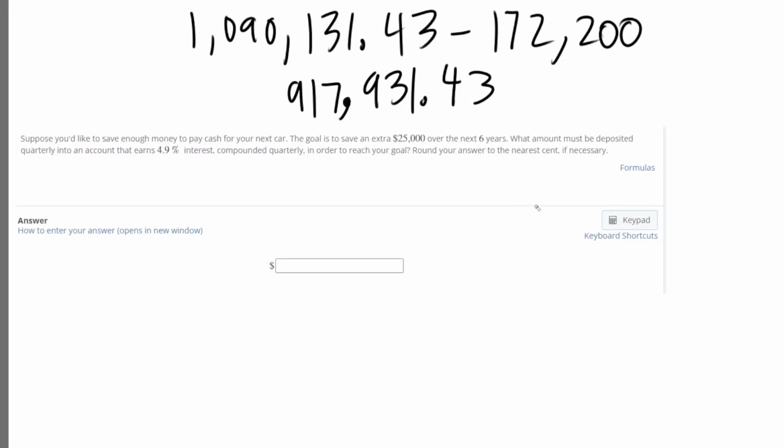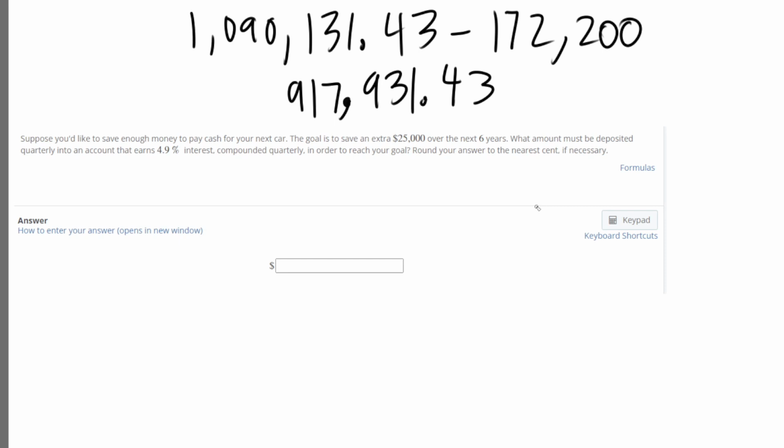So, suppose that you'd like to save money to pay cash for your next car. The goal is to save an extra $25,000 over the next 6 years. What amount must be deposited quarterly into an account that earns 4.9 interest, compounded quarterly, in order to reach your goal?